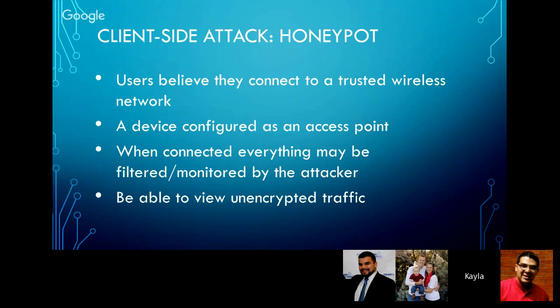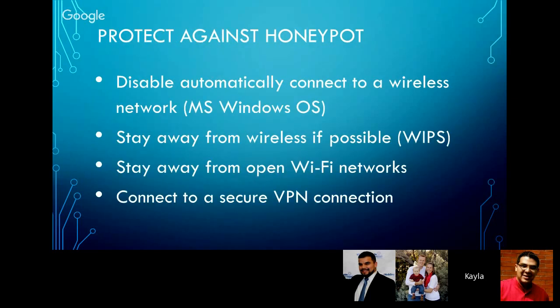Another thing the honeypot does is view unencrypted traffic. This includes email, instant messages, FTP, and telnet sessions. One way to protect against honeypot is on Microsoft Windows operating systems, where you can configure it to disable automatically connecting to a wireless network.